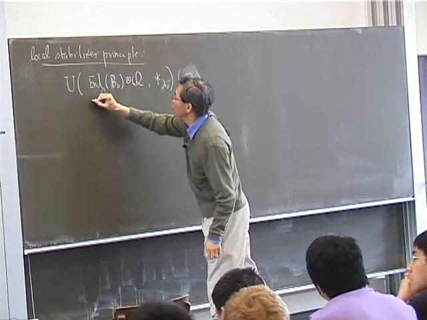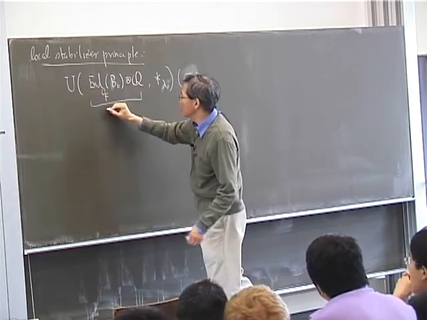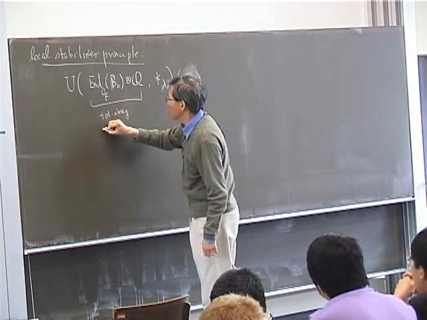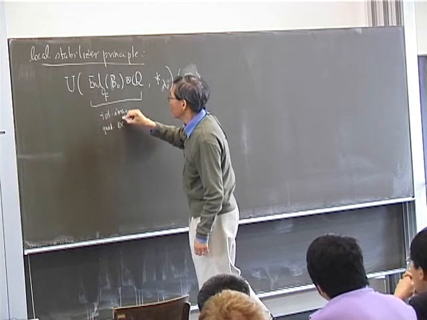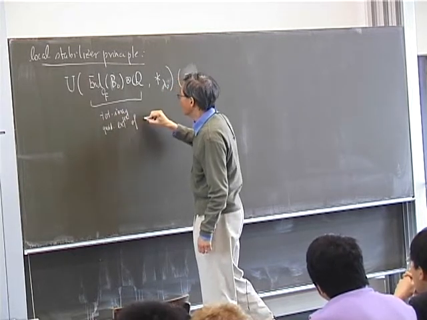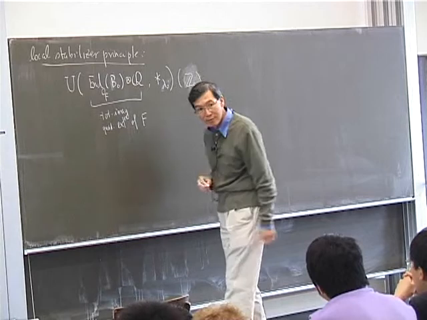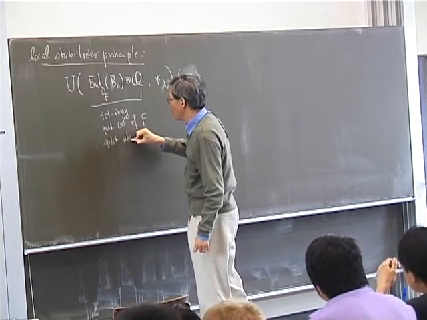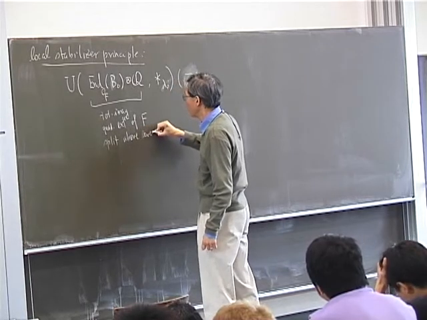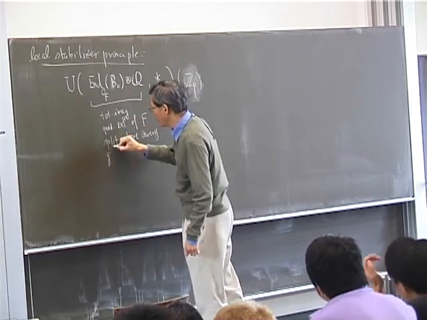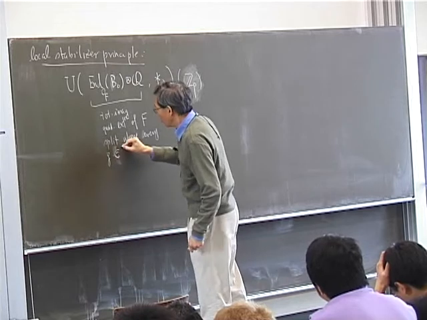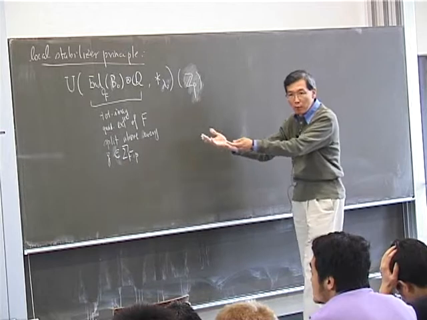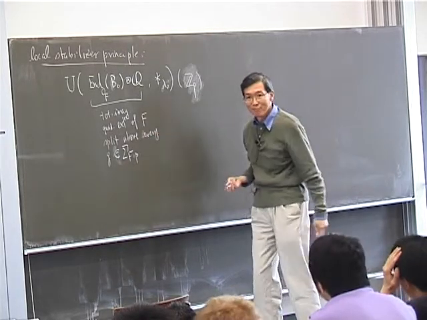So I'll give you a hint. What is this? This is a totally imaginary quadratic extension which is split above every prime P dividing P lying above P. So you should be able to figure out what this is.